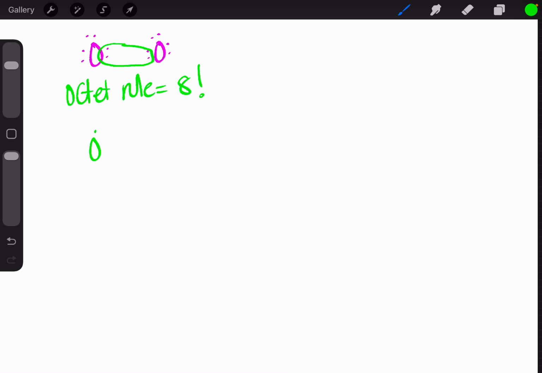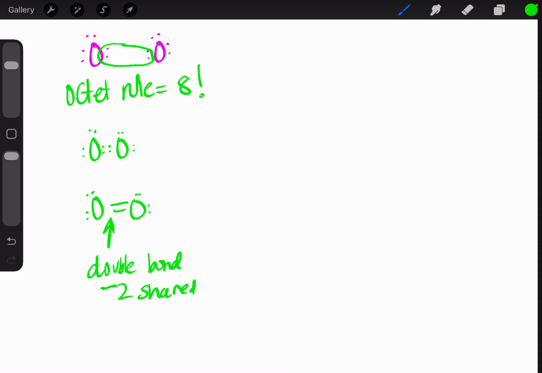My dot is going to look like that. And then my Lewis structure is going to look like this. Okay, and this tells me that there is a double bond, which is 2 shared pairs of 4 electrons.